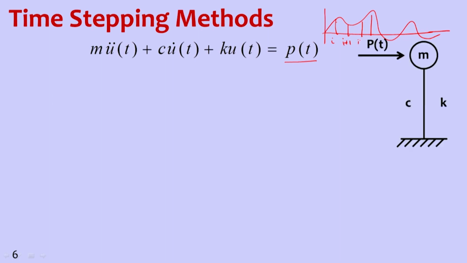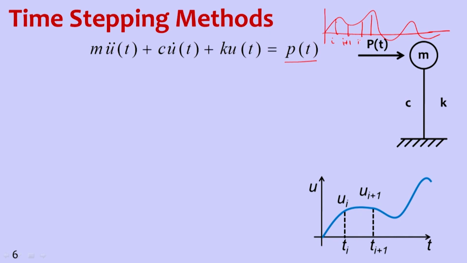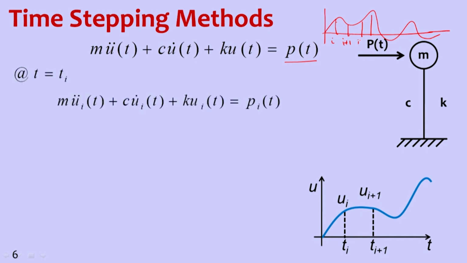You can see this is the response at time t equal to ti. This equation becomes m into acceleration u double dot i, plus c into velocity u dot i, plus k multiplied by displacement u i, and that should be equal to the force at that time instant.